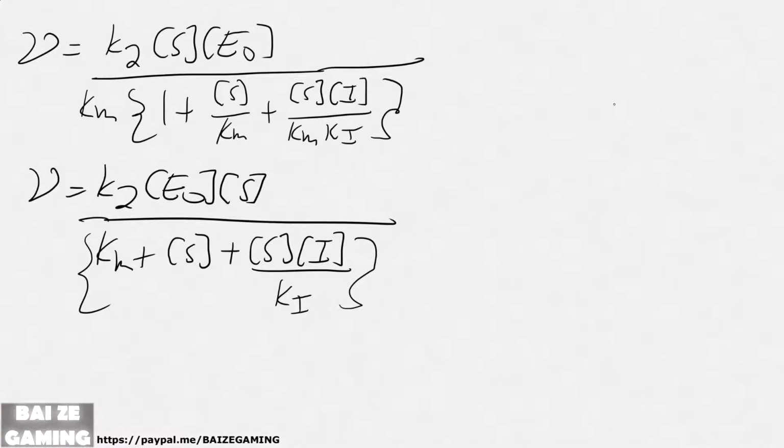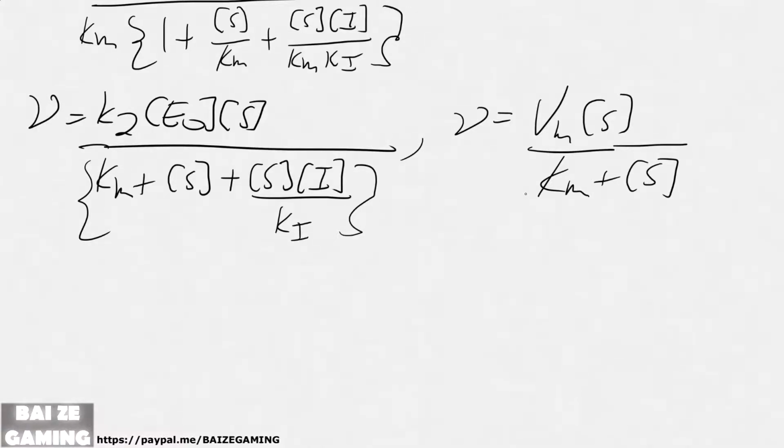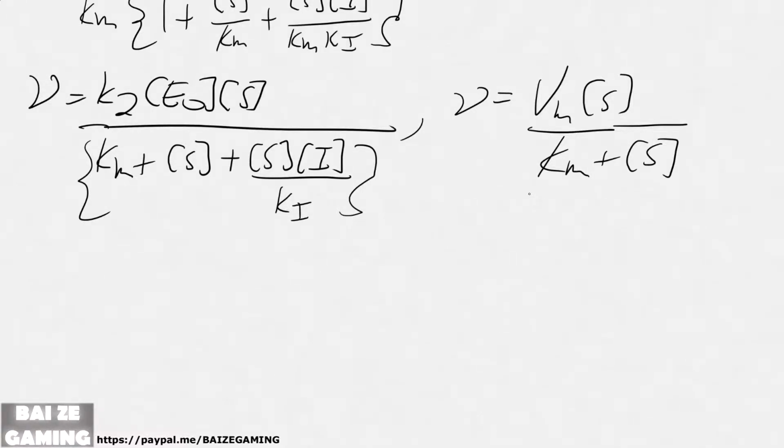Okay, and we need to find a way to see if we can get this into Michaelis-Menten kinetics. Is it possible for us to do that? Let's see. We see that you can factor the S's.